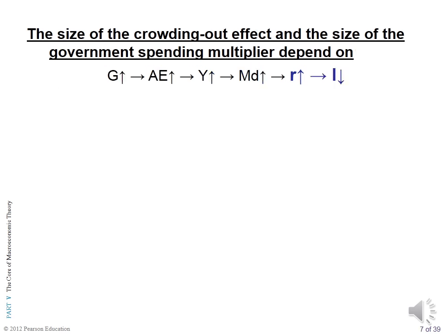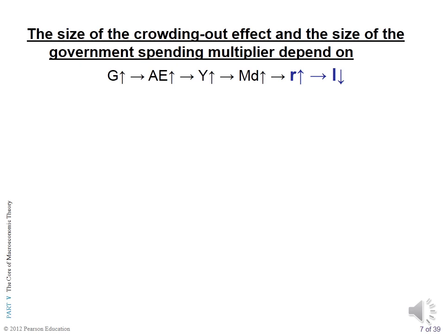The second factor, look with me now, the second channel, the relationship between interest rate and investment. Okay, G increases, aggregate expenditure will increase, Y will increase, this will increase demand for money, and the interest rate increases. An increase in interest rate may not affect investment. When?